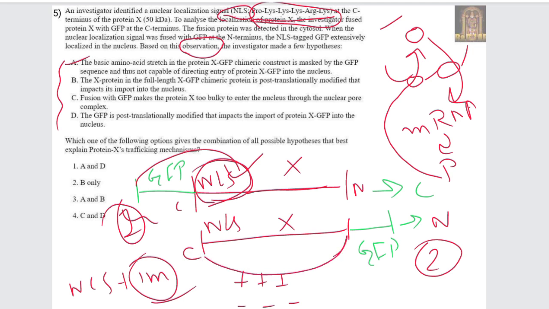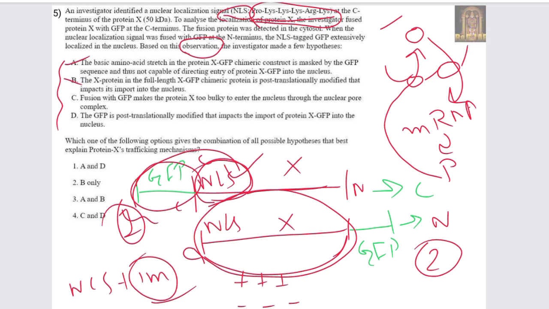That means post-translational modifications like phosphorylation, methylation, acetylation are not happening for this X protein part, because it can successfully be imported into the nucleus in the second case, but not in the first. So something must be happening at the GFP part, which is present at the C terminus. There is no post-translational modification in the case of X protein.